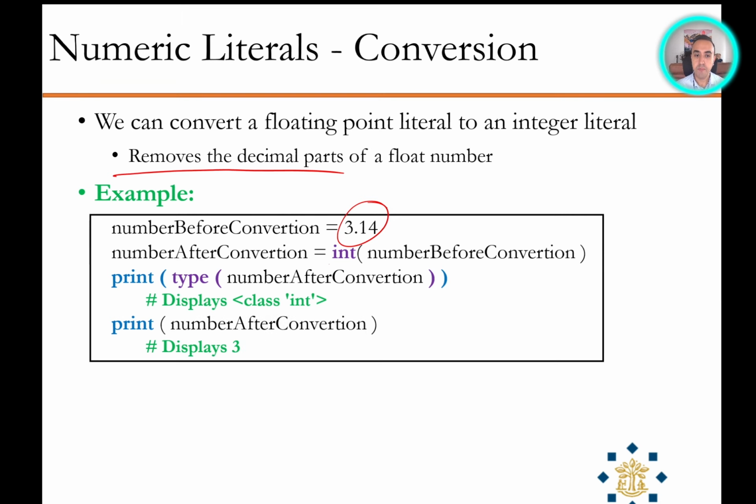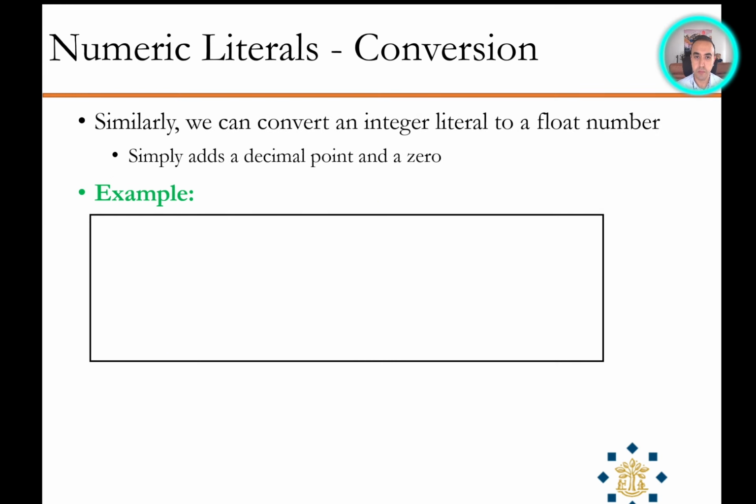The type becomes class int, and then if you actually print the number, it displays 3 without the decimal. So if you do the conversion from float to an integer, you're losing precision. Or you can similarly convert an integer to a float.